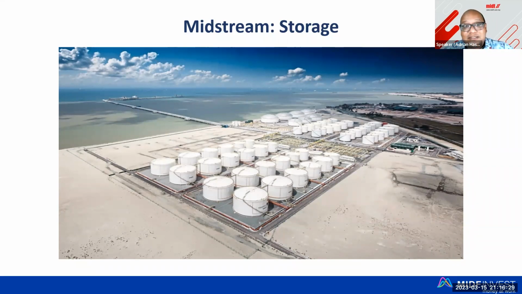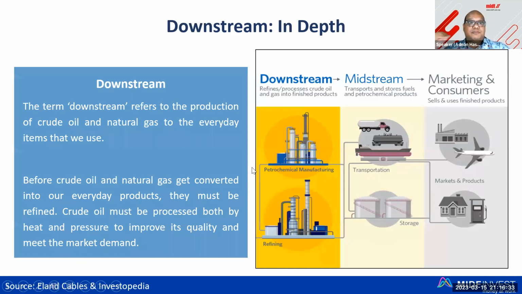Thanks for the question. So we are moving towards downstream, which is what people use on a daily basis. Every time we leave our house, we take our cars, and when our car needs petrol, we go to a petrol station.